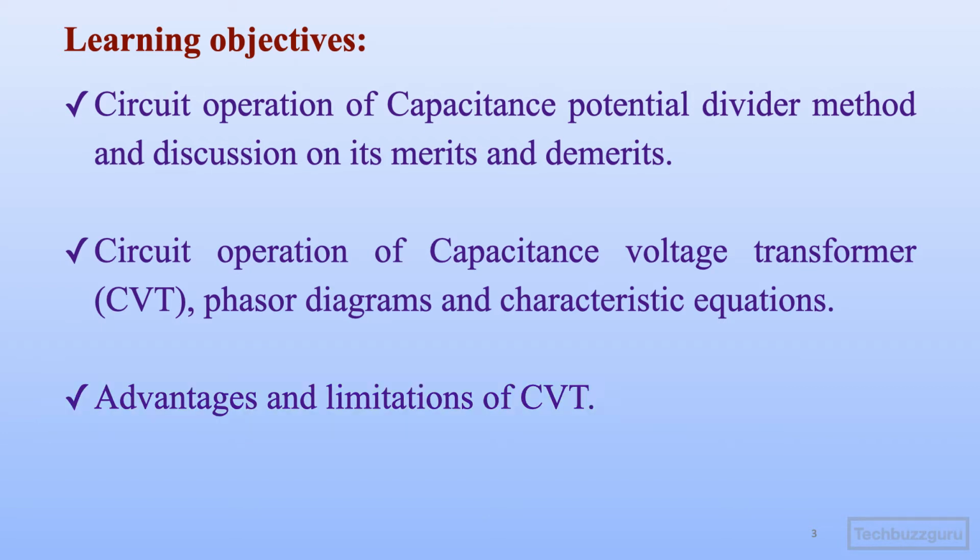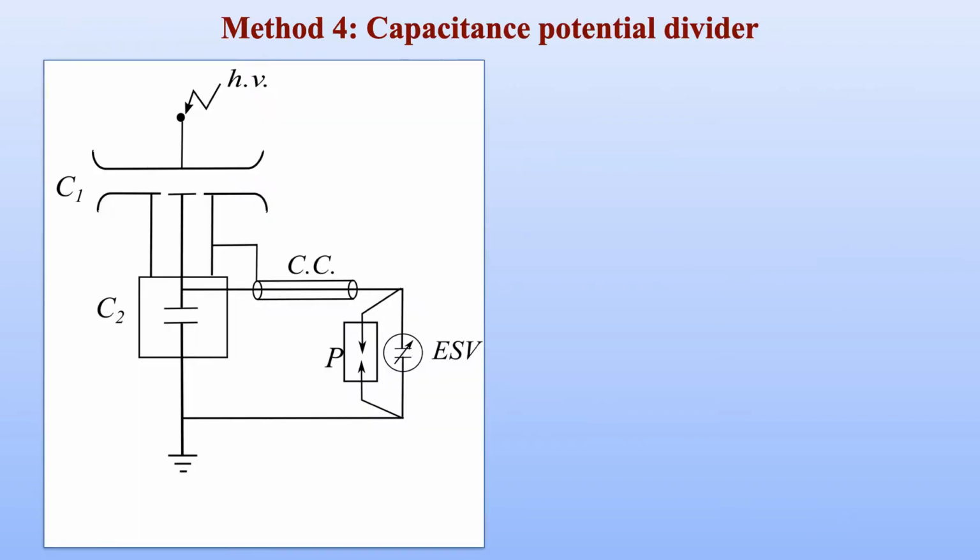So keeping these learning objectives in our mind, let us move ahead with the method of capacitance potential divider. This is the fourth method that we are studying for the measurement of AC high voltages. Kindly focus your attention on the diagram.